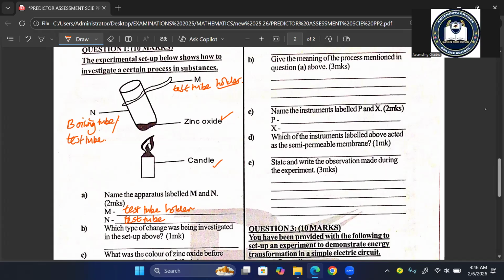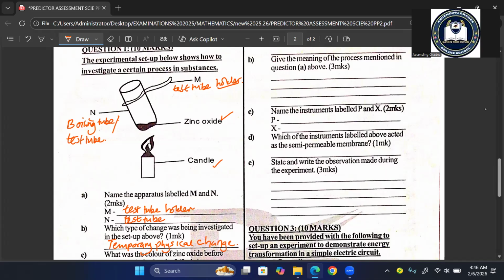We can see there is reversibility, and we do not expect any change in mass. Therefore, to be categorical, this one will be a temporary physical change.